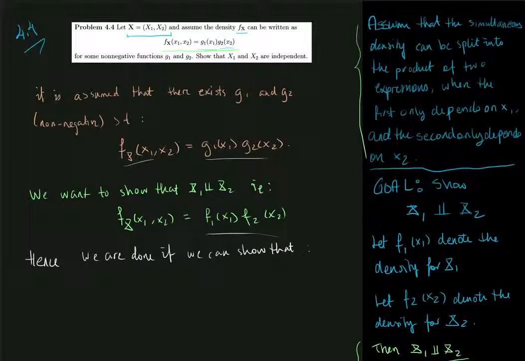So we are done if we can show that g1 of x1 multiplied by g2 of x2 is equal to f1 of x1 multiplied by f2 of x2 for all x1 and x2 in the reals.